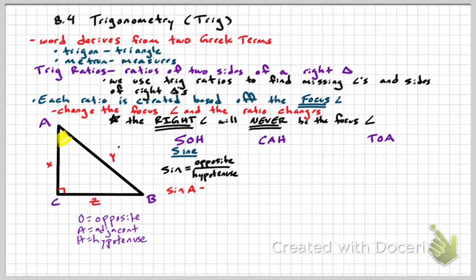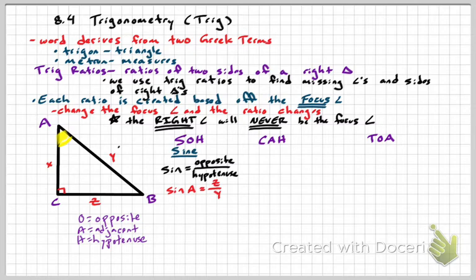It would be like the sine of 57 degrees or the sine of 62 degrees. So the sine of A would equal Z over Y because sine is opposite over hypotenuse.